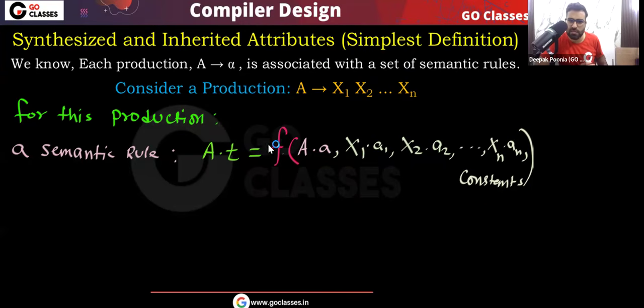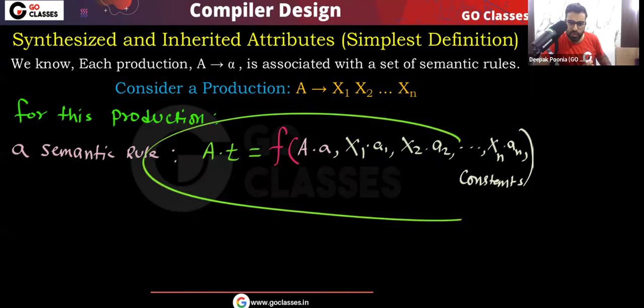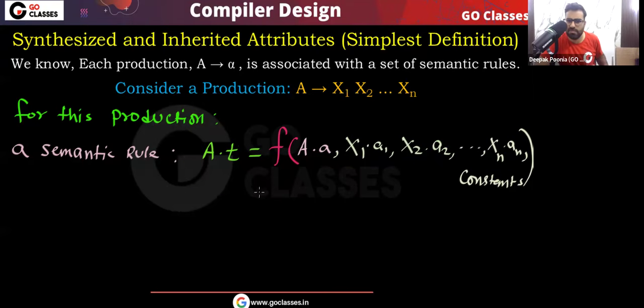In this situation, because I am computing an attribute of LHS, and this A is the LHS, in this semantic rule for this production I am computing an attribute of LHS. So this attribute will be called a synthesized attribute of LHS.